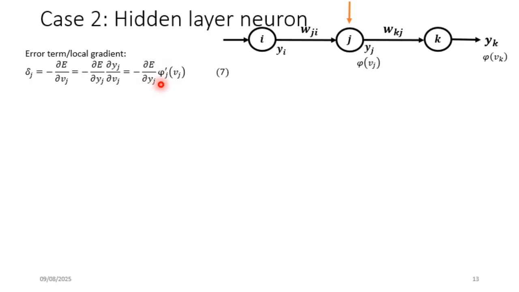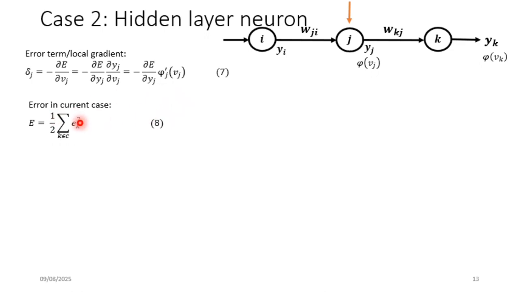We can't directly compute this because this error term is at the output layer, and for the hidden layer neuron, we don't have the desired output, so we can't directly compute this term.